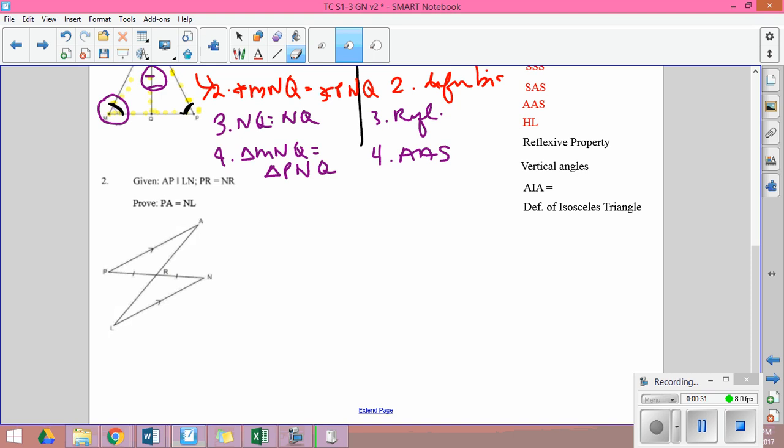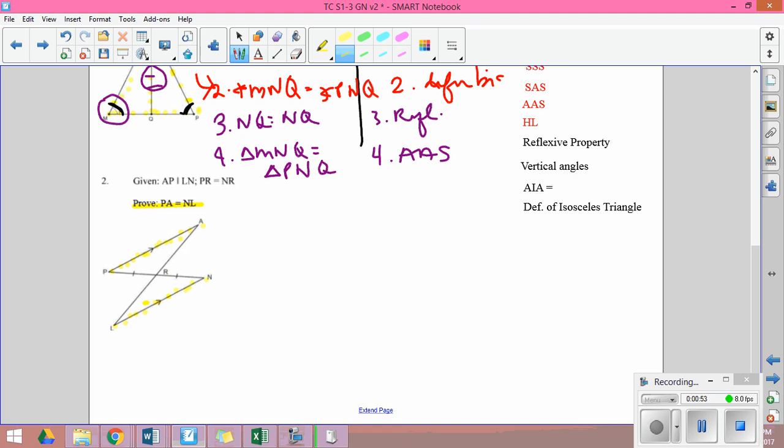Another tip that you may find helpful is I often take a yellow highlighter, something light, and I highlight or I dash what I'm looking for in my picture. So in this situation, I'm looking to get those two segments equal.